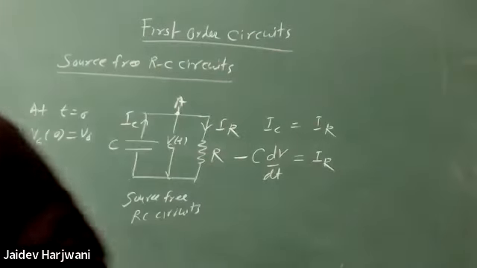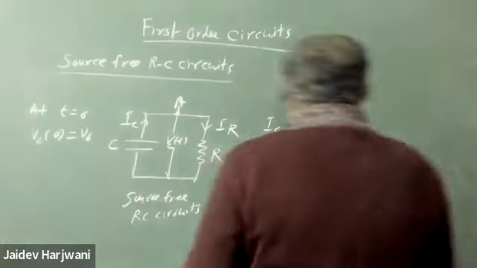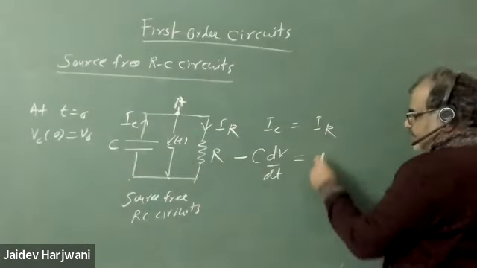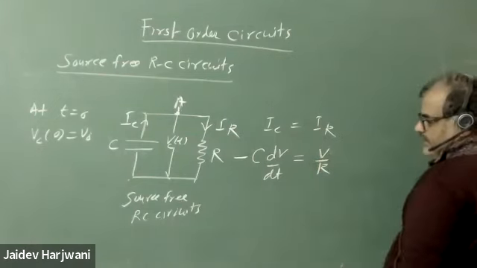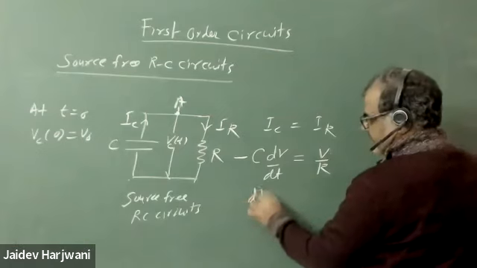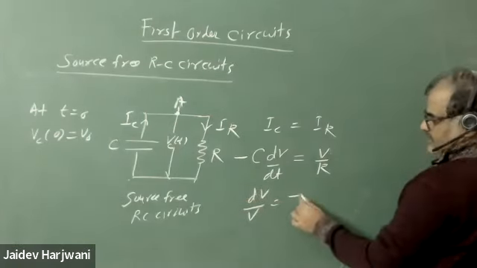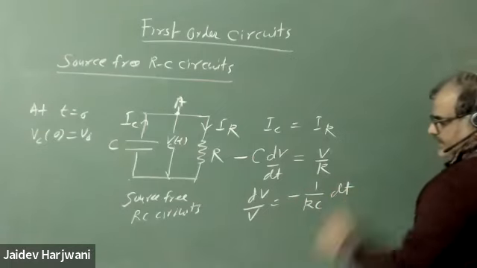Now just solve this and calculate V as a function of t. I can write IR as V upon R, V at a time t upon R. So dV by V is minus 1 upon RC dt.